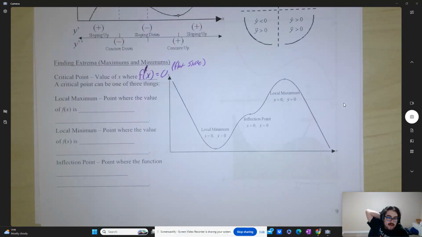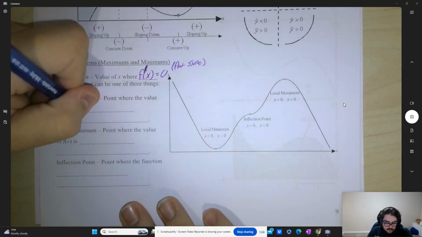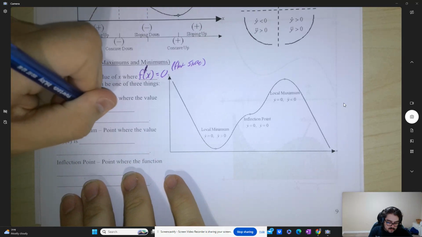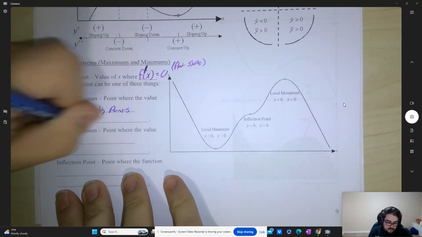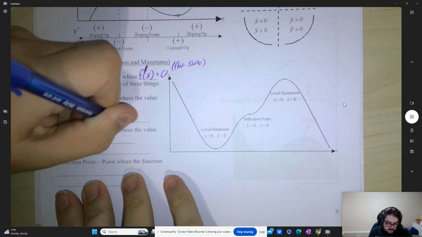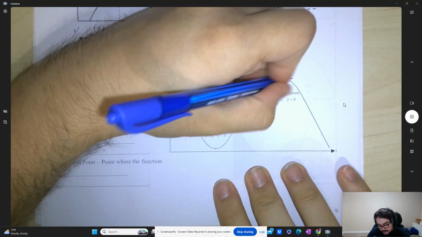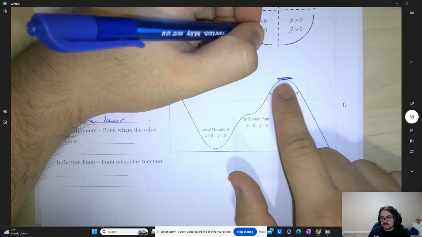It could be a local maximum, which is a point where the value of f of x has nearby points that are lower. An example of a local maximum right here would be this part right here, because you notice that the slope is 0, and the nearby points are lower than it.